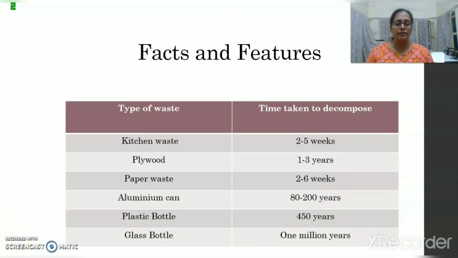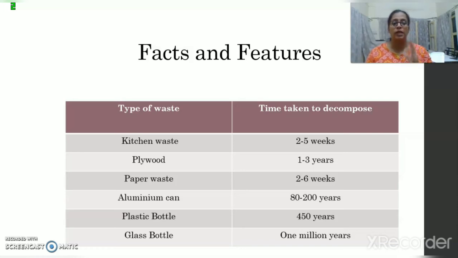Now let us know the facts: which waste takes how much time to decompose. Here is a table where I tried to show you that. Kitchen waste takes 2 to 5 weeks. Plywood takes 1 to 3 years, paper waste 2 to 6 weeks, and an aluminium can 80 to 200 years.